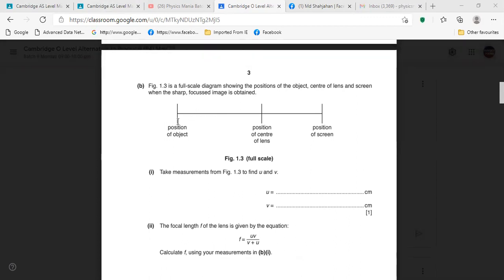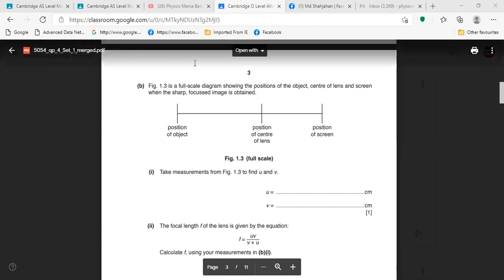Object to lens, it is 6. The u distance, yeah, exactly 6. Then from lens to screen, 4.3. Okay. Yes, 6, 4.3.